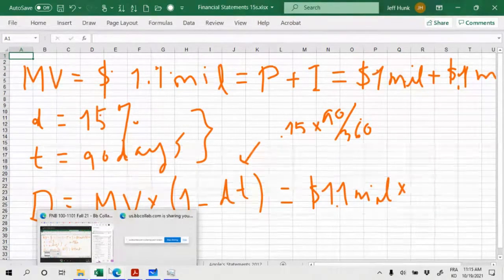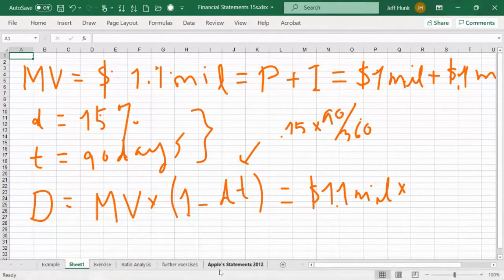But unless otherwise specified, the default is the ordinary interest year, right?